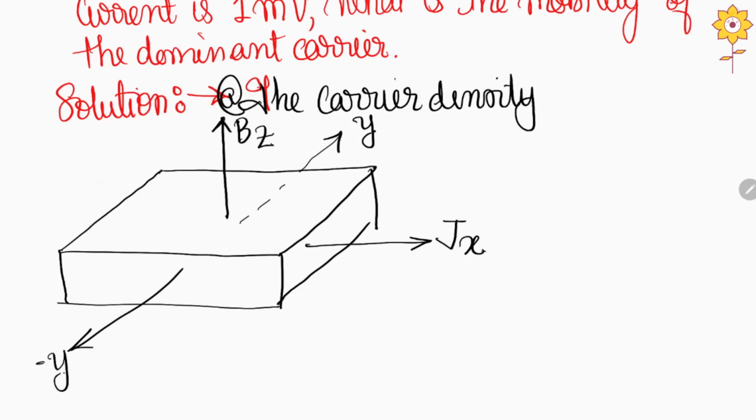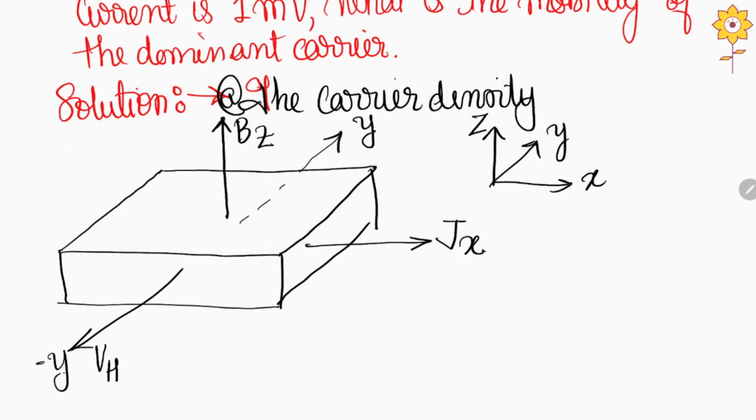Now suppose it is electrons, this is going to be in this direction, and this is going to be your Hall voltage, which will be in the negative y direction if the charge carriers are negative. I am also drawing at this corner, we have to remember this triad over here. So this is your x direction, this is your y direction, and this is your z direction.